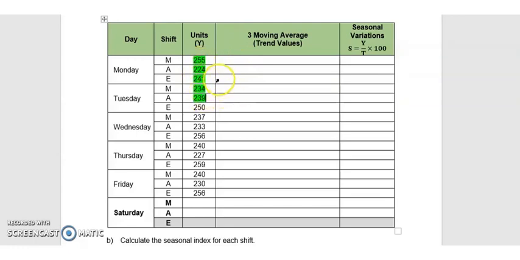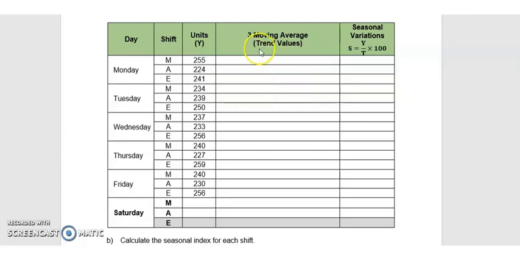So the center will be the third day. So that is what is meant by simple moving average. Or if you have 7 days, Monday to Sunday, the center will be on Thursday.